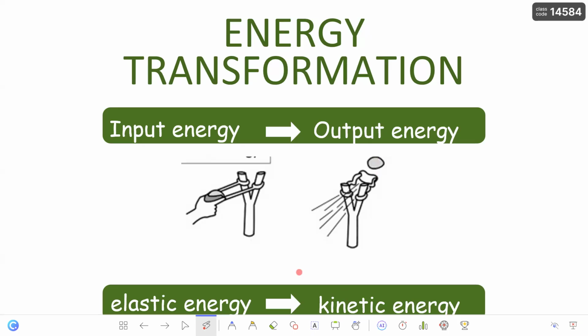So the transformation here is that the input energy which is needed to do the work, the elastic energy, when it works transforms into kinetic energy, which is the energy of motion. So again, I need to remind you about this. Transformation of energy means when the input energy is transformed into another form of energy, which is the output energy.